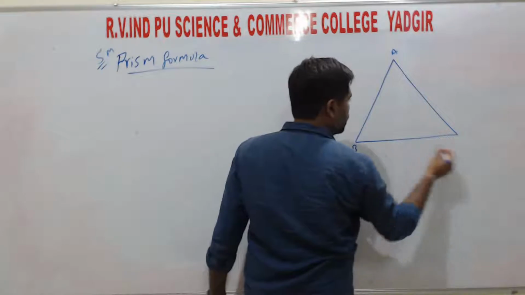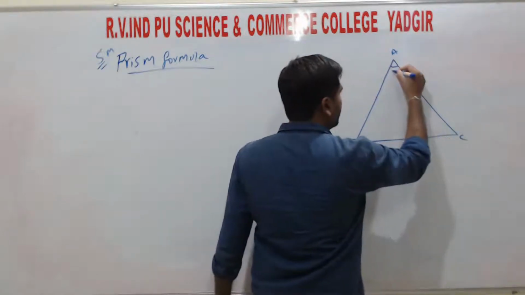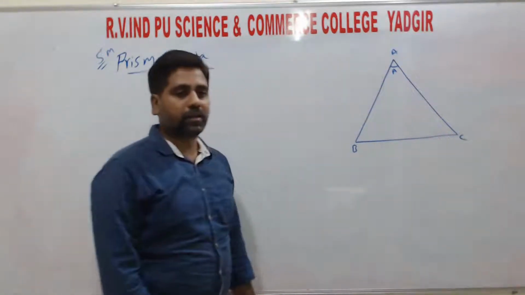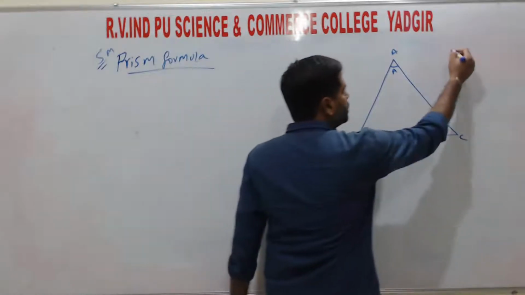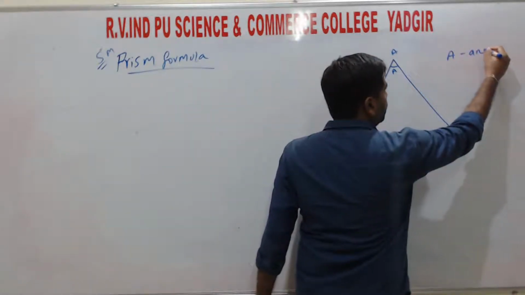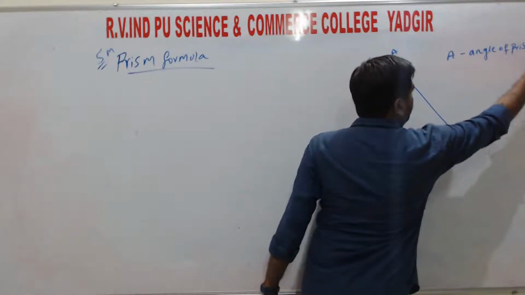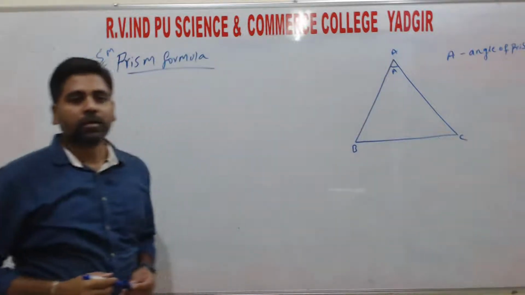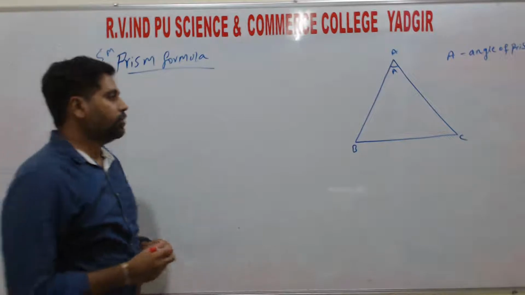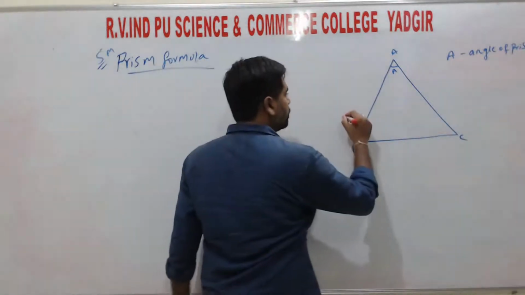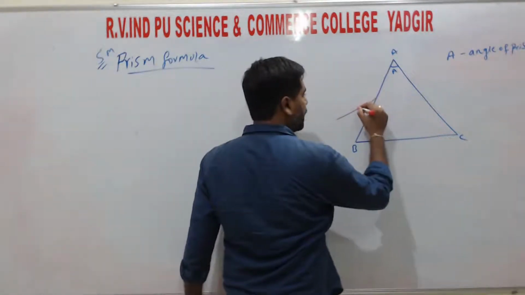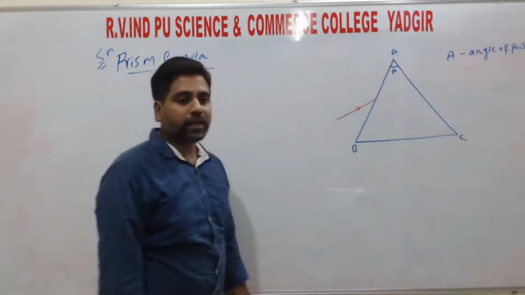ABC, where A is the angle of prism. When a ray of light is incident on the first surface, here we have two refracting surfaces.